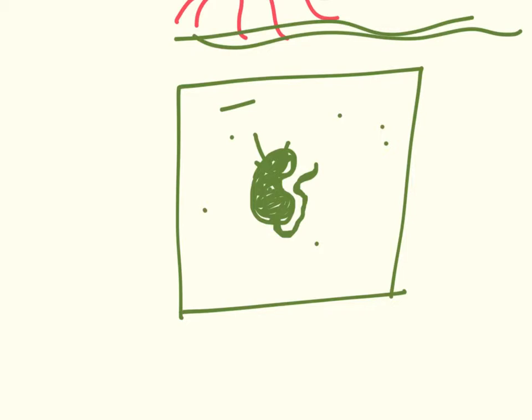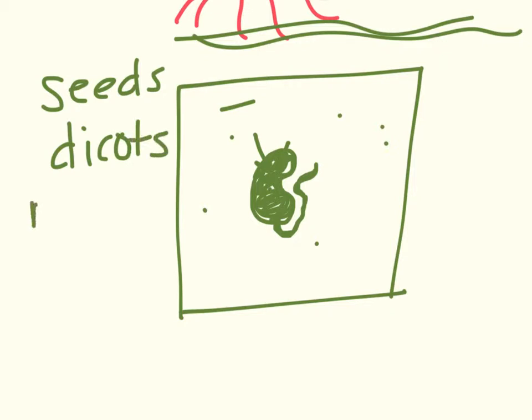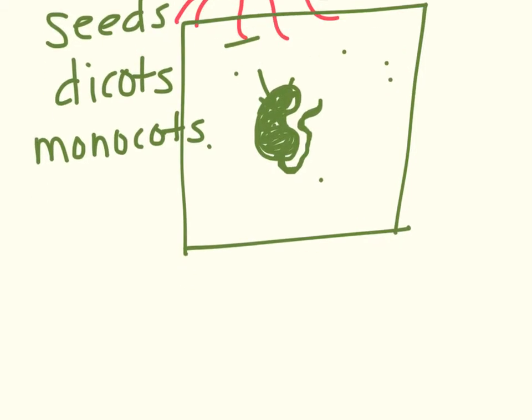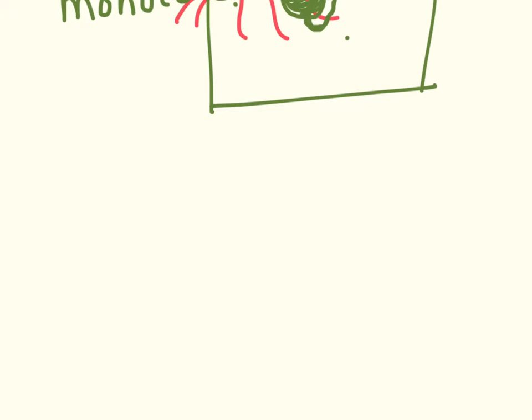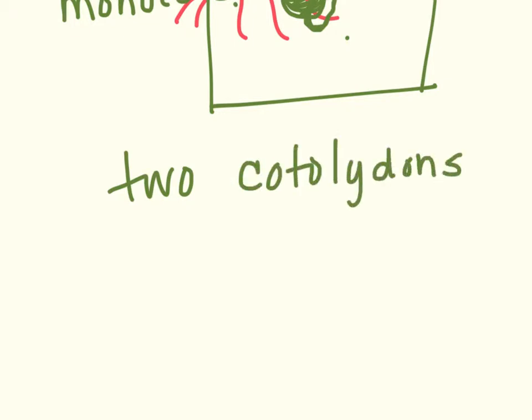So you have two different kinds of seeds. They are called dicots and monocots, and that's on your review. So just take a look at your review. Dicots and monocots, and that is short for two cotyledons. Ooh, I'm not quite sure if that's how you spell that.